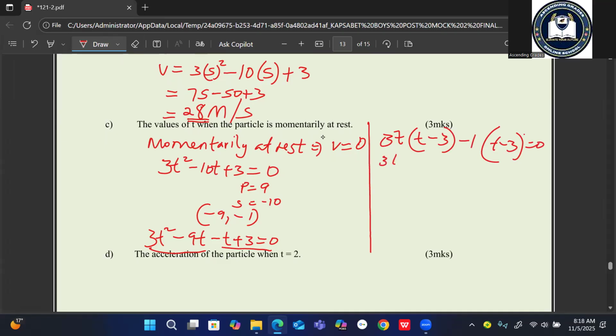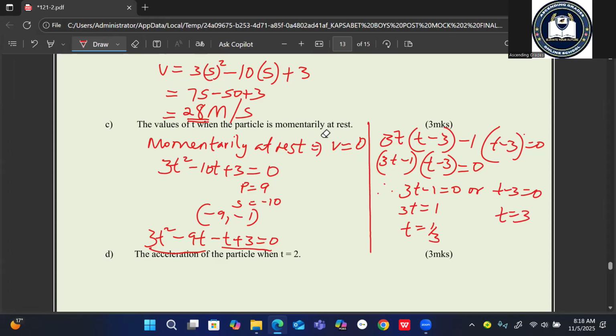So we have 3t minus 1, then t minus 3 is equal to 0. Therefore, 3t minus 1 is equal to 0, so our 3t has to be 1, so that our t is equal to a third. Or t minus 3 is equal to 0, so our t is equal to 3.